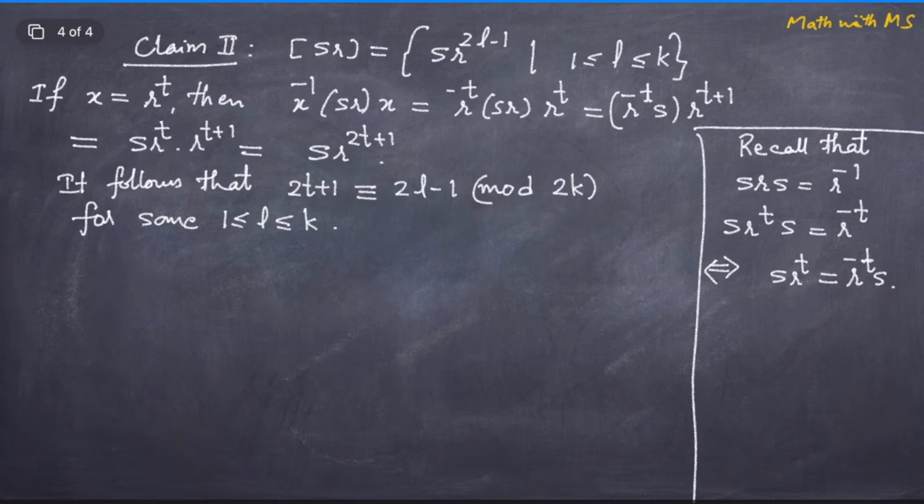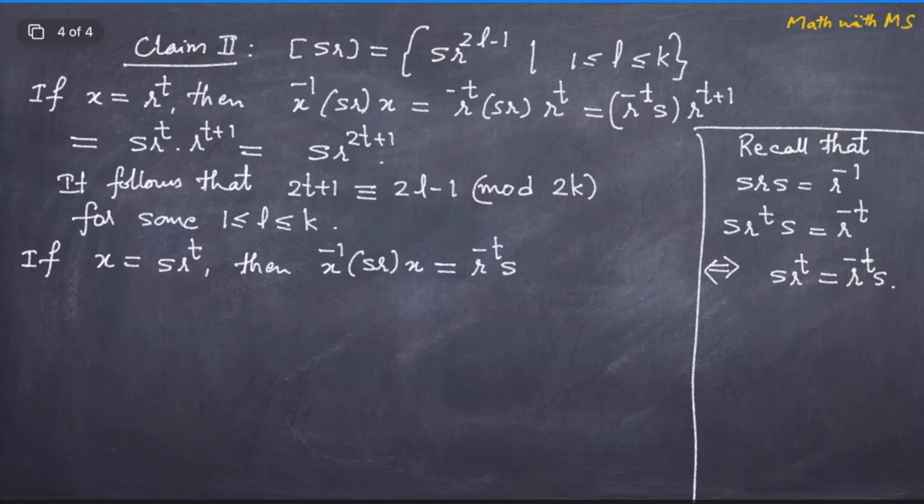Now let us conjugate sr by another element, which is of the form s r to the power t. If the conjugating element is of the form s r^t, then x inverse sr x, when you compute it, we see that it is of the form r to the power minus t into s, s into r into s r to the power t.